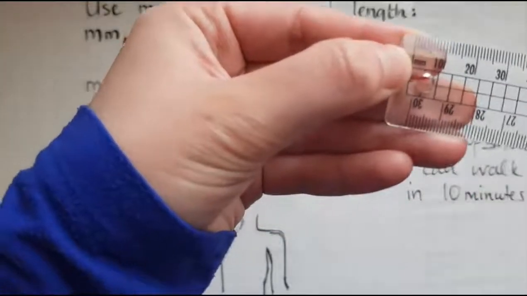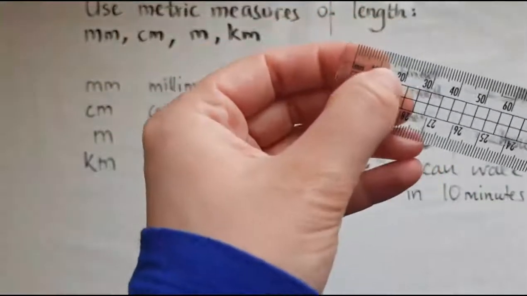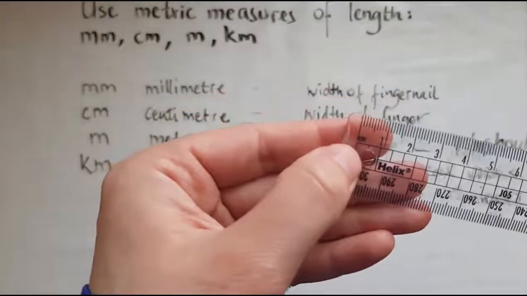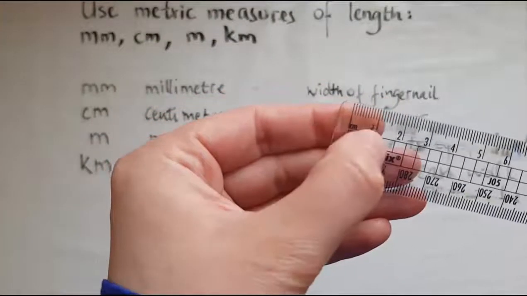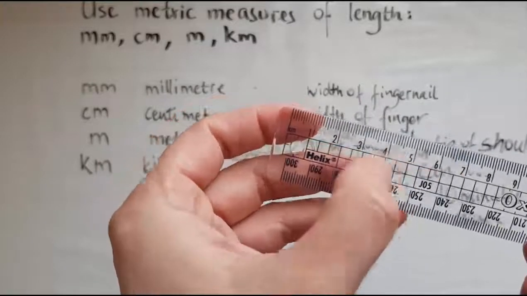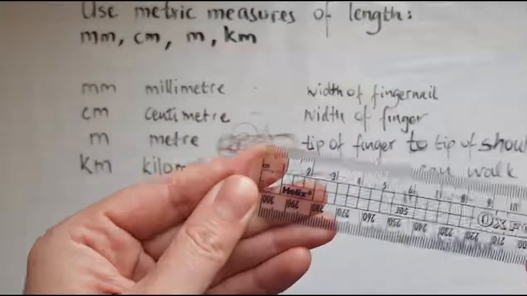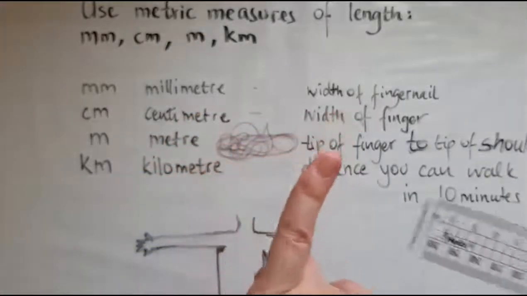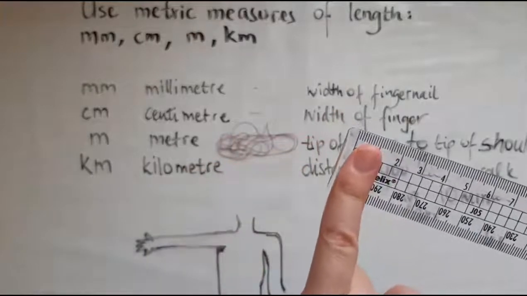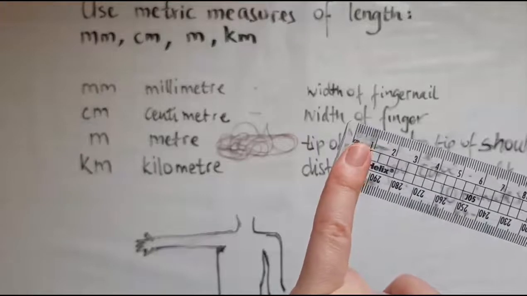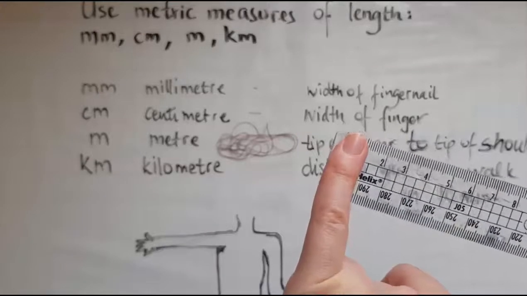So 10 millimeters make a centimeter, and if I turn it this way, I can clearly see centimeter, so that's 1, that's 2, 3, 4, 5 and so on. That's about the width of the finger. If I place my small finger on the ruler, I can see it's about 1 centimeter.